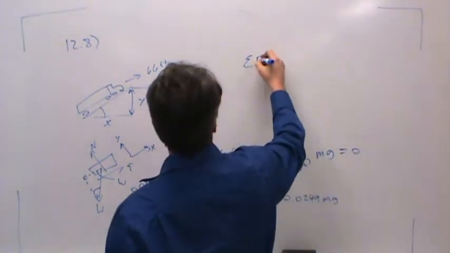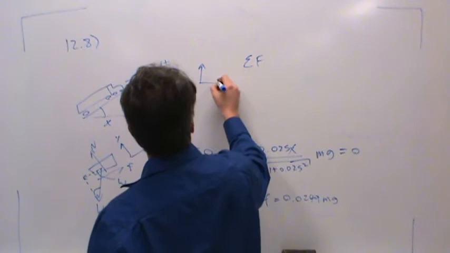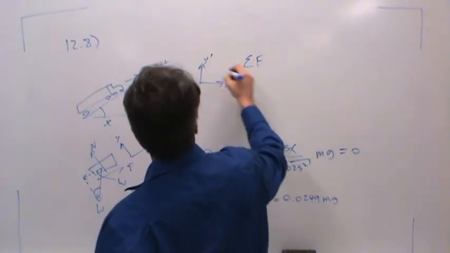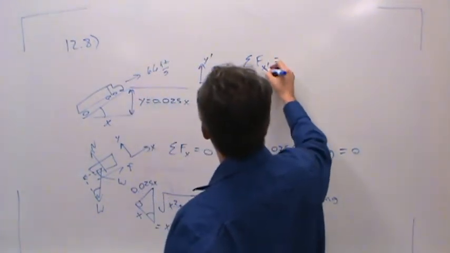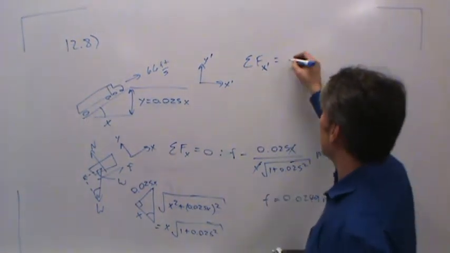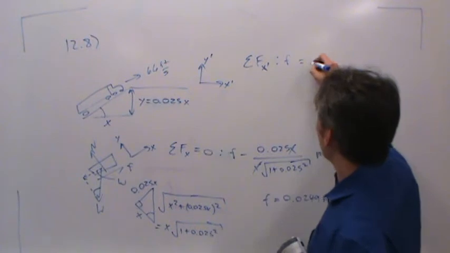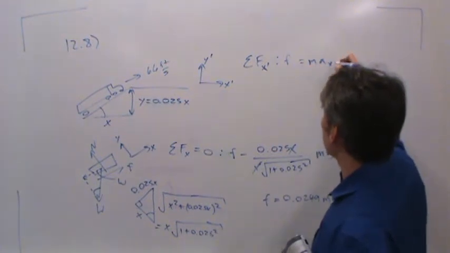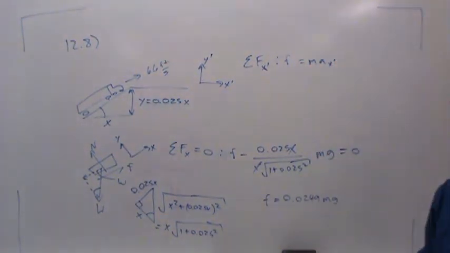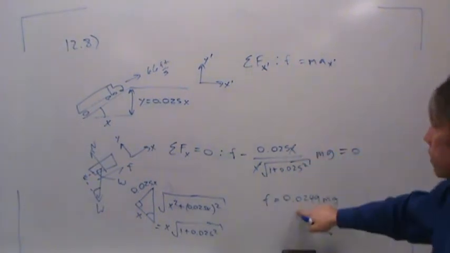So the sum of the forces in the, let's say, x prime direction would simply be the frictional force, F. And that would be equal to the mass of the vehicle times the acceleration of the vehicle in the x prime direction. Okay. But we already know the frictional force that's developed.